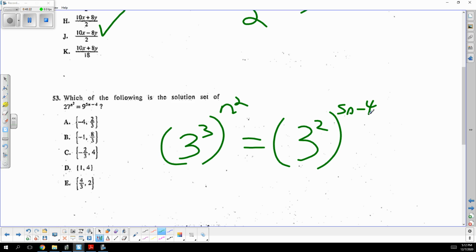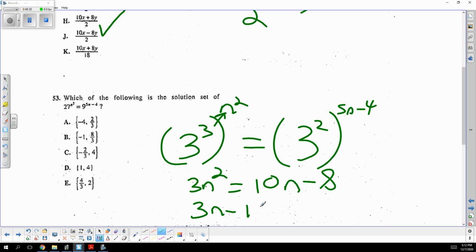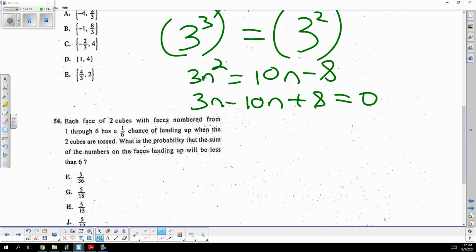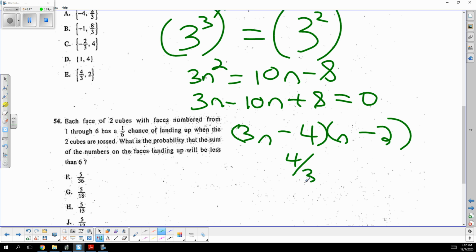That means that power to a power you multiply, and I would use quad 2002 to factor and solve this, or I can just factor it as 4 and 2, so the answers are 4/3 and 2.